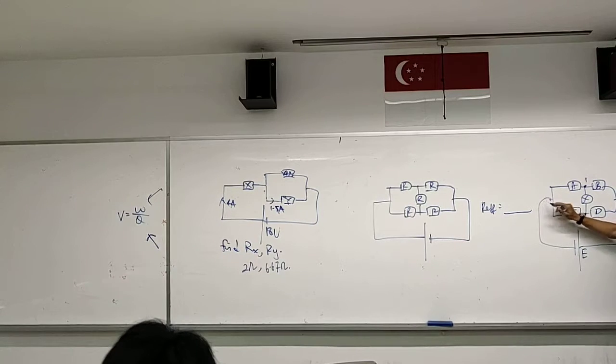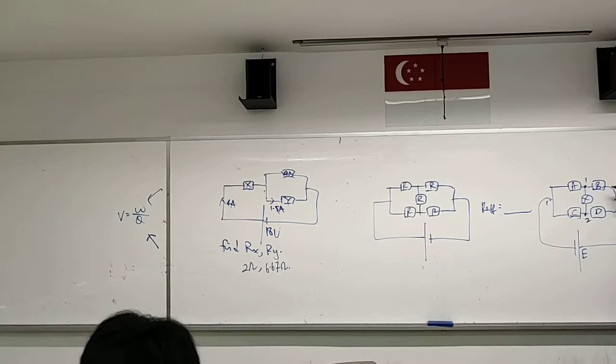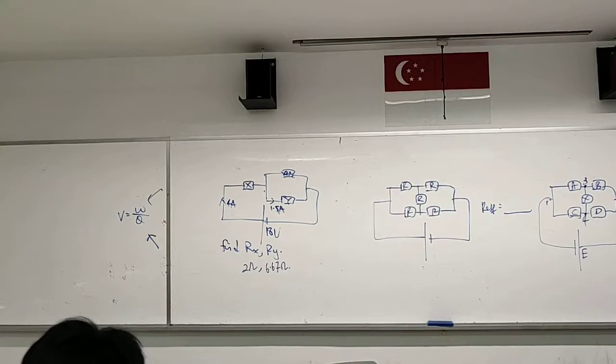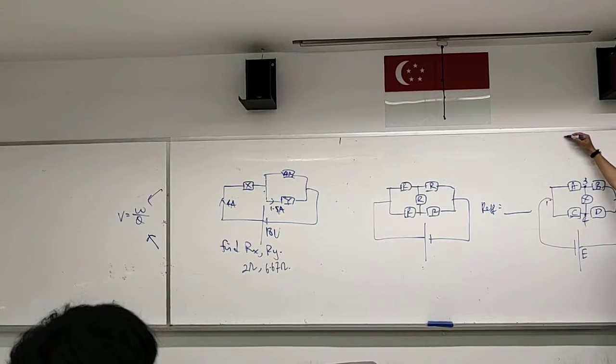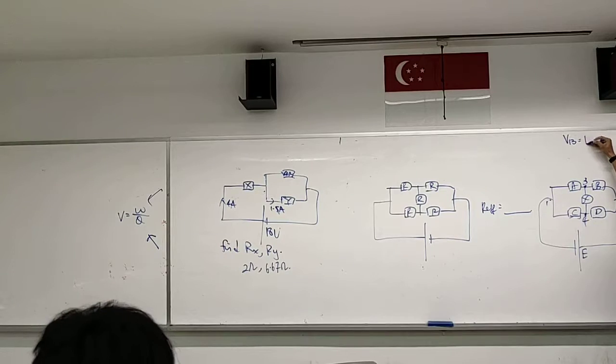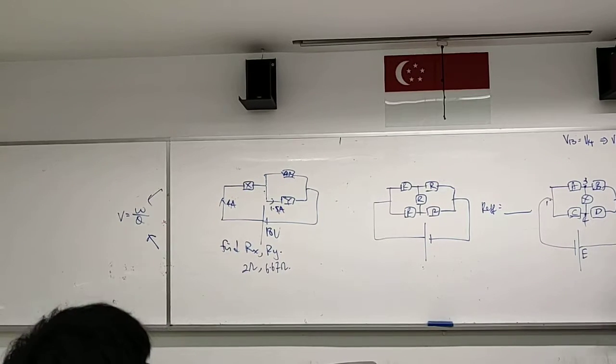Let's call this 1, 2, 1, 2, 3, 4. Okay, starting off, do you agree that if V13 equals V14, then it implies that V3 equals V4?